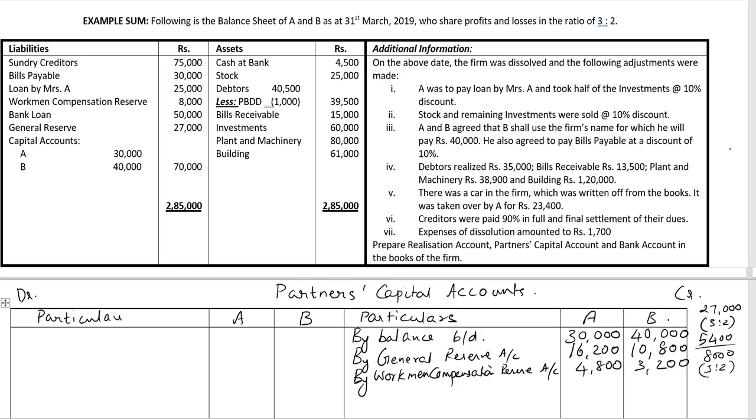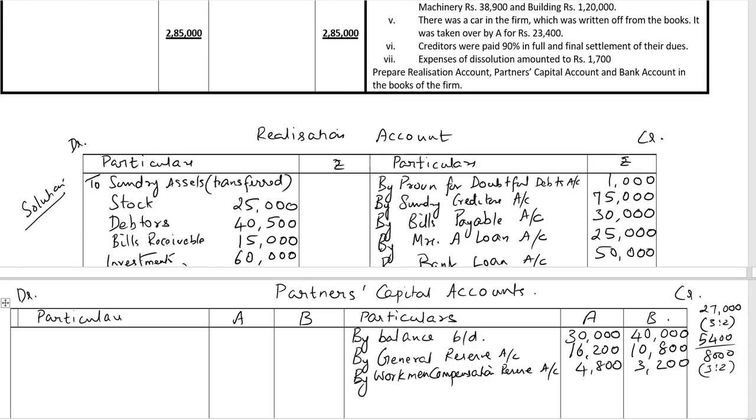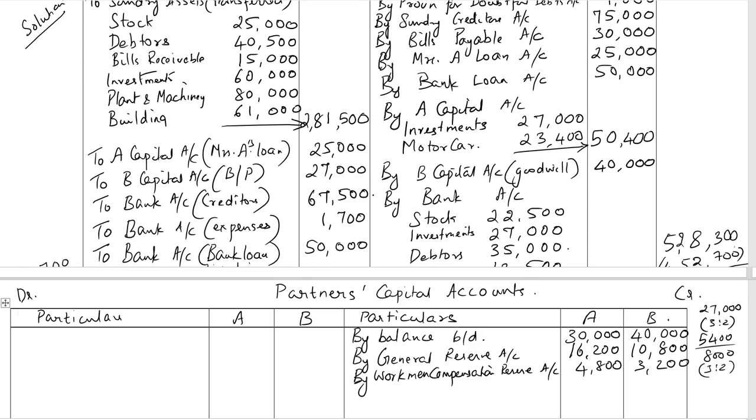The balance sheet items are done. We'll check the realization account for any entries for the partners' capital accounts. On the debit of the realization, we have A and B taking up liabilities. A taking up Mrs. A's loan and B taking up bills payable.